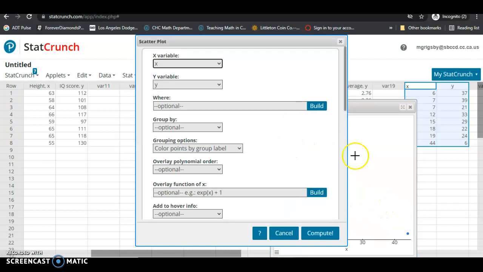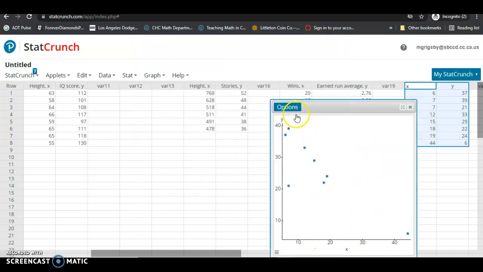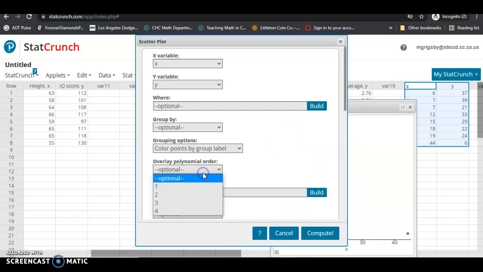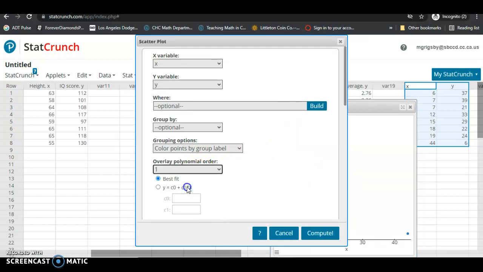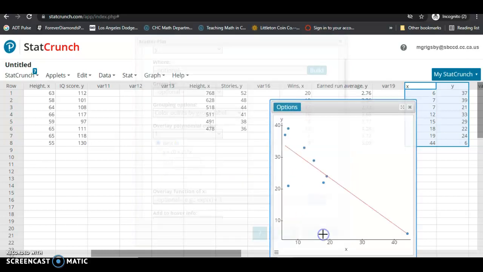To do that in an existing scatter plot, you're going to do what I just did. Click on options and then edit. Where it says overlay polynomial order, from that menu we're going to select 1. Best fit will be selected by default, so we'll leave that selected and then click compute.